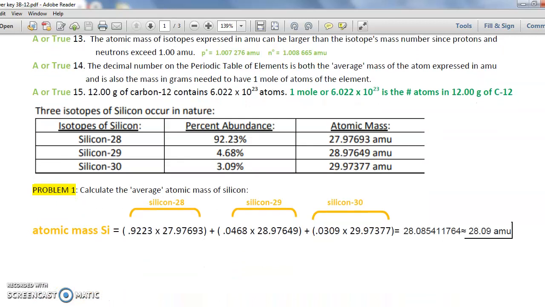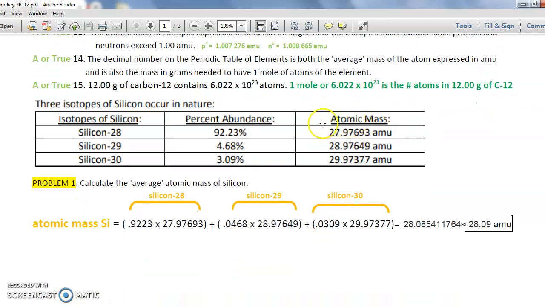All right. Now in problem number 1, we're going to find the average atomic mass of silicon, and we are looking here at silicon having 3 isotopes that are contributing to this mass.